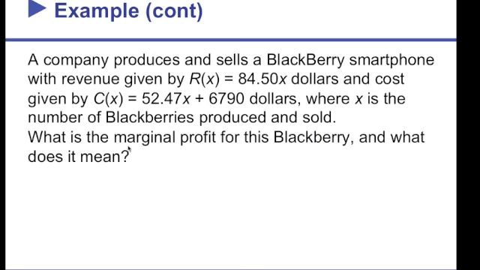It's the marginal profit. Remember, marginal is the slope, and we want to go from the profit function. Well, the slope of that profit function was 32.03. And what does that mean? Well, of course, this is money.